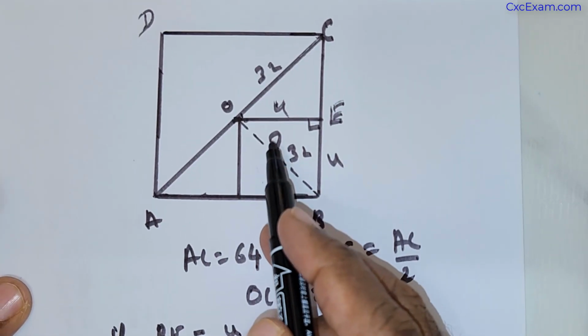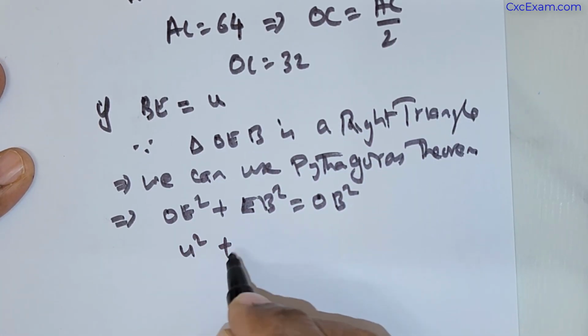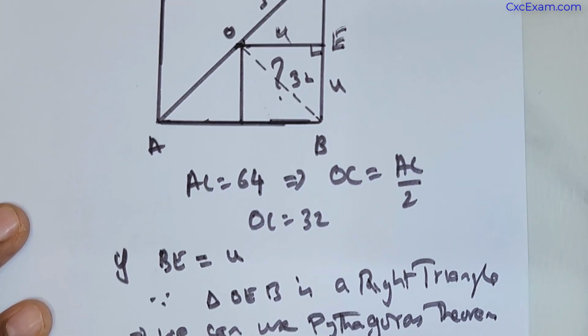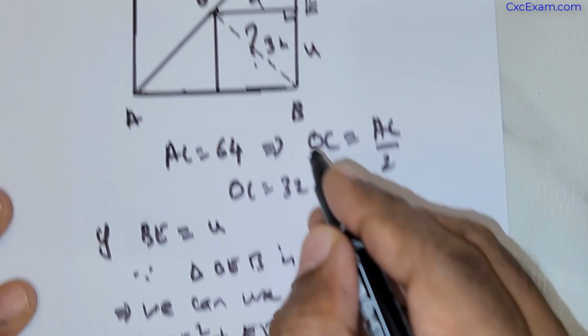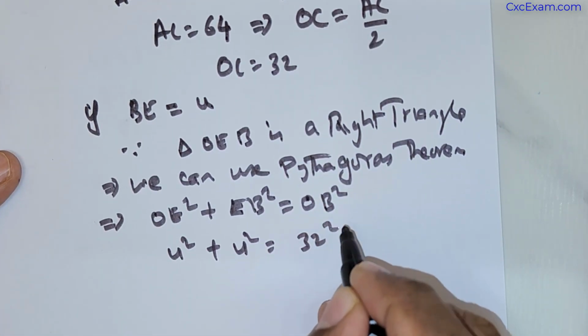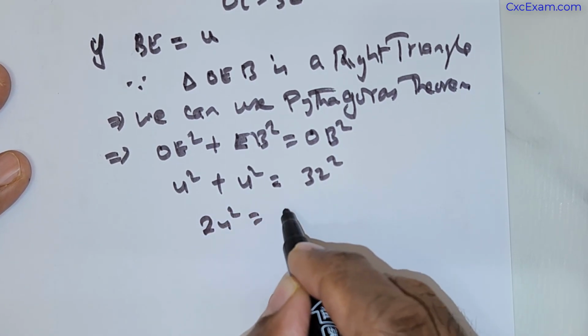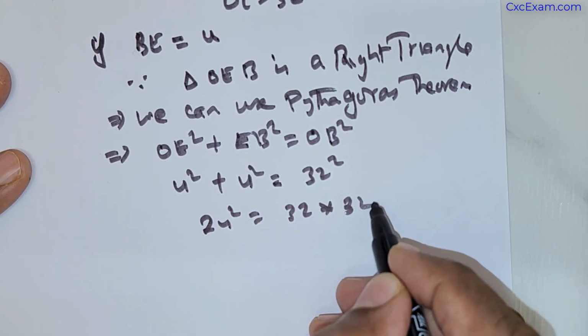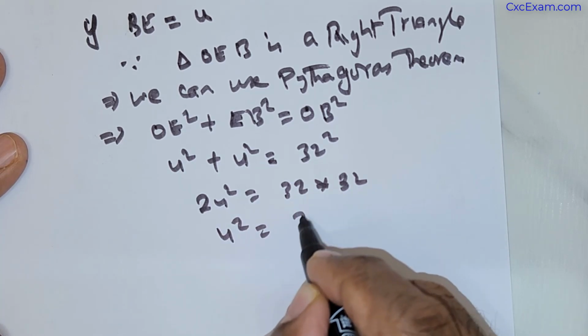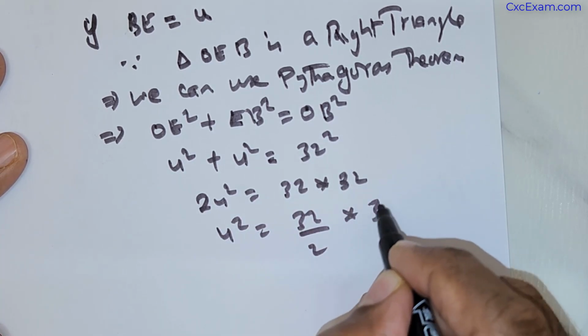So OE squared is U squared, EB squared is also U squared, OB squared is 32 squared. So this is 2 times U squared is equal to 32 times 32. So U squared is equal to 32 over 2 times 32.